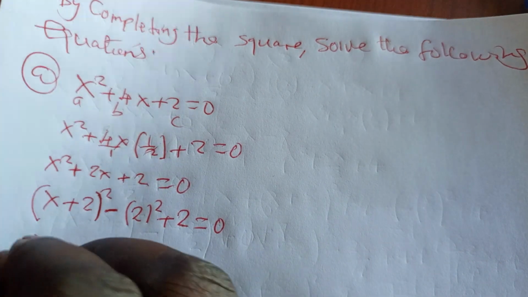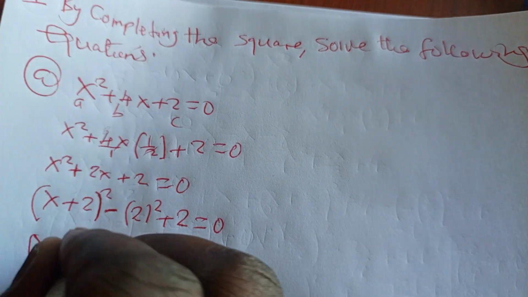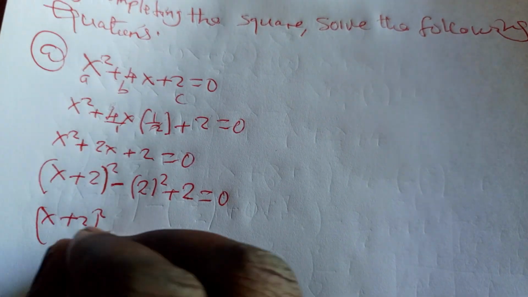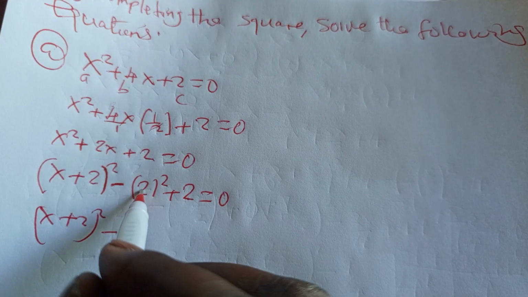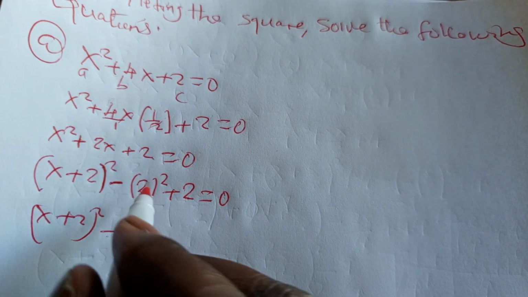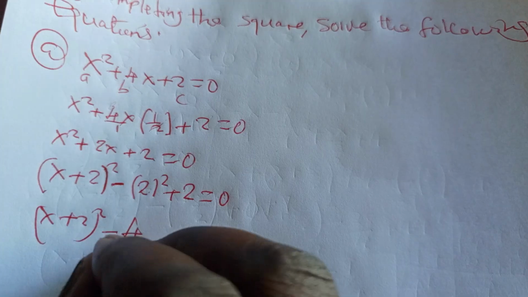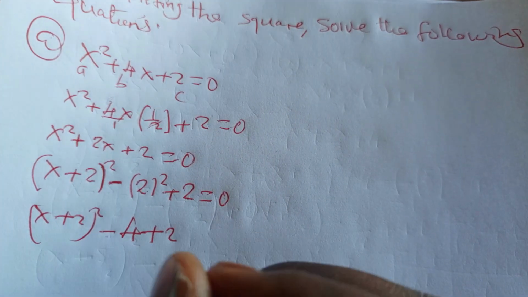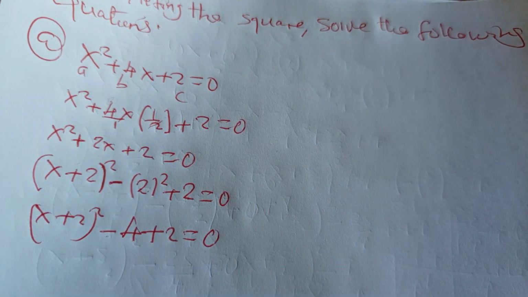So I'll say x plus 2 here, squared here, minus, so negative 2 times, this minus here, then 2 times 2, which is 4, then plus 2 is equal to 0.